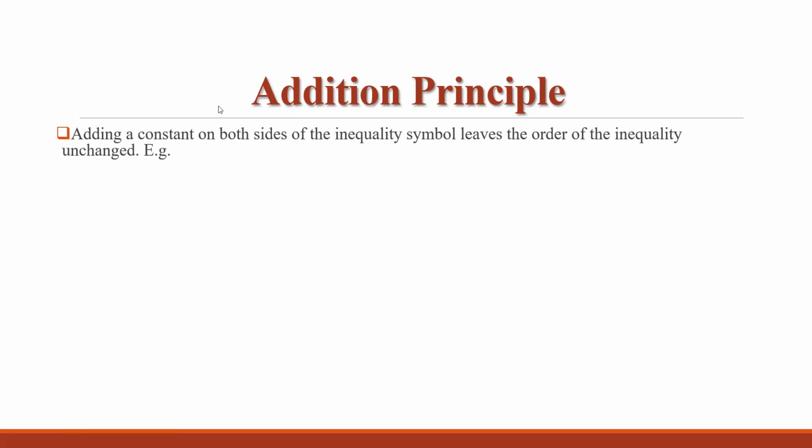A constant is any number, like 2 or 1, or other terms which don't have any variable, where the variable is raised to power 0. So when you add a constant on both sides of the inequality symbol, it leaves the order of the inequality unchanged.